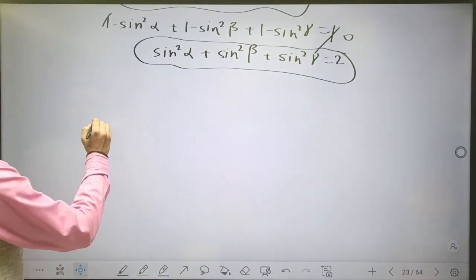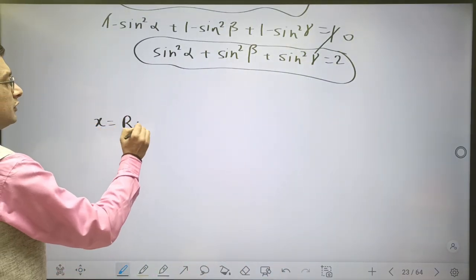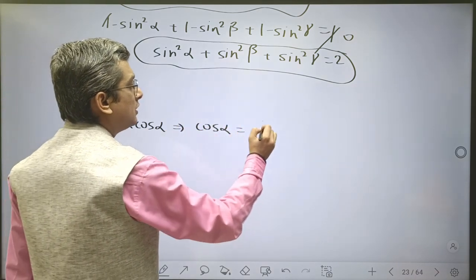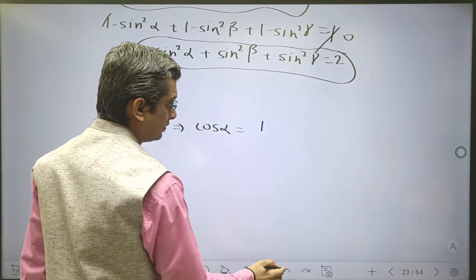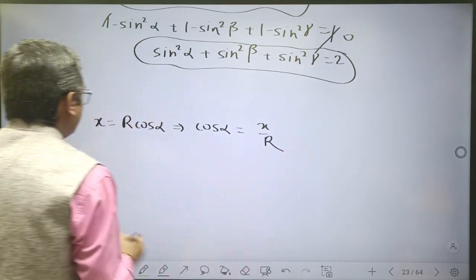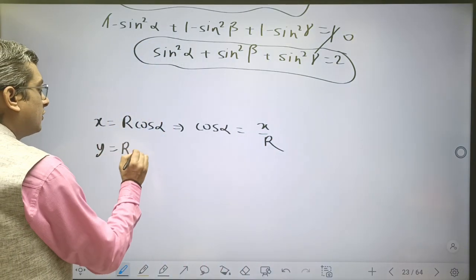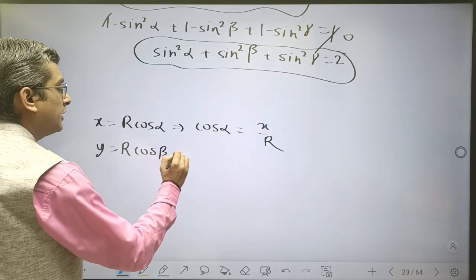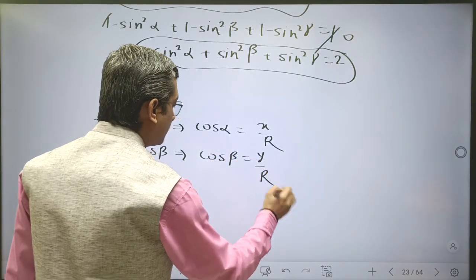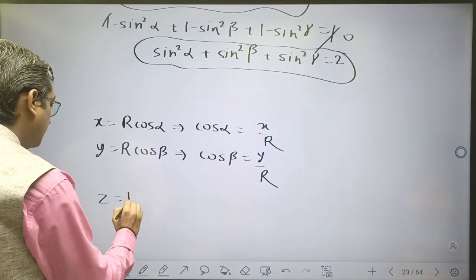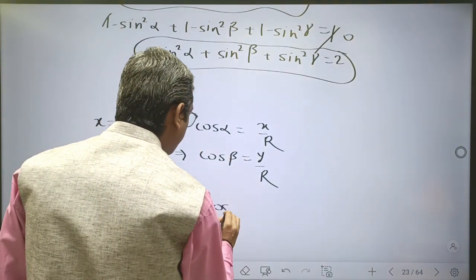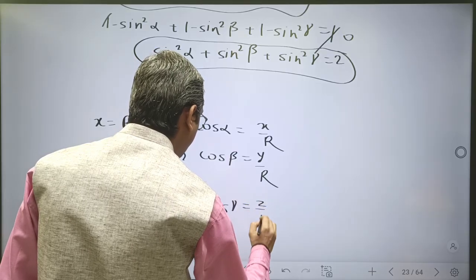Now again, since x is equal to r cos alpha, it implies that cos alpha is equal to x by r. Similarly, y is equal to r cos beta, implies that cos beta is equal to y by r, and z is equal to r cos gamma, implies that cos gamma is equal to z by r.